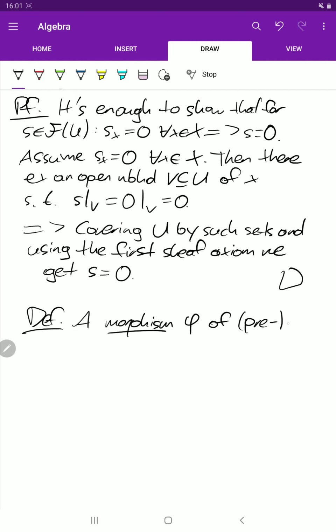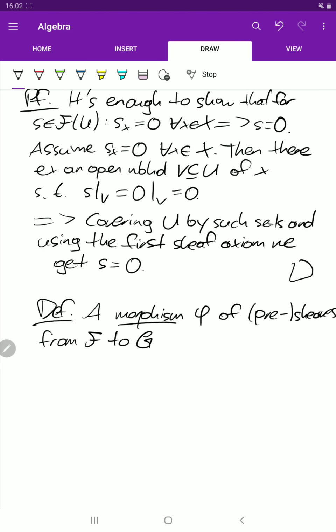So a morphism of sheaves is actually the same as a morphism of presheaves, the only difference is that, so let's say we have F to G, for a morphism of presheaves we just require F and G to be presheaves, and for a morphism of sheaves, we require F and G to be sheaves. But the definition is for both the same, so if F and G are sheaves, then a morphism of sheaves is the same as a morphism of presheaves.